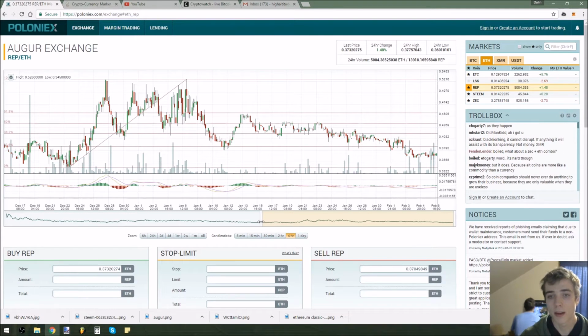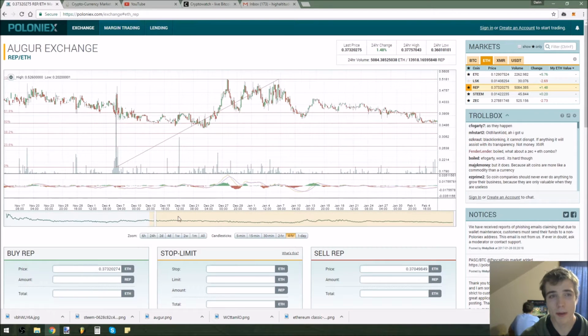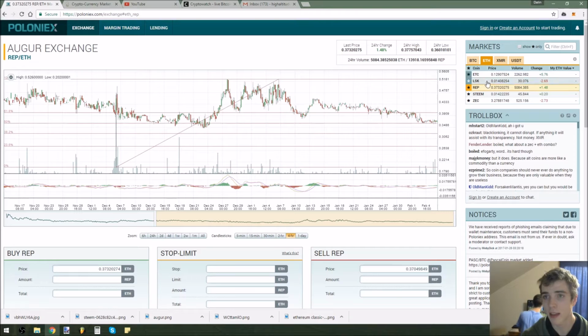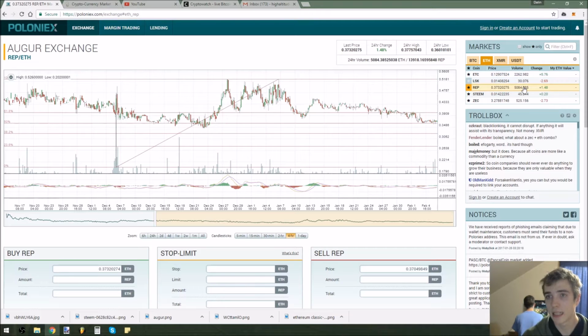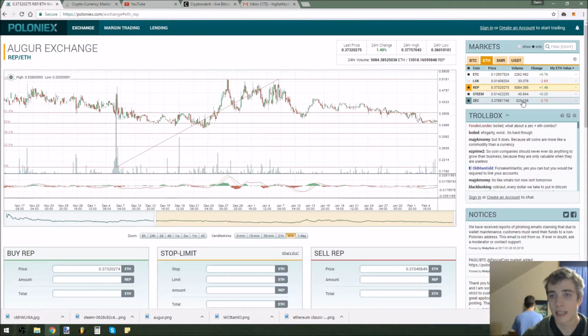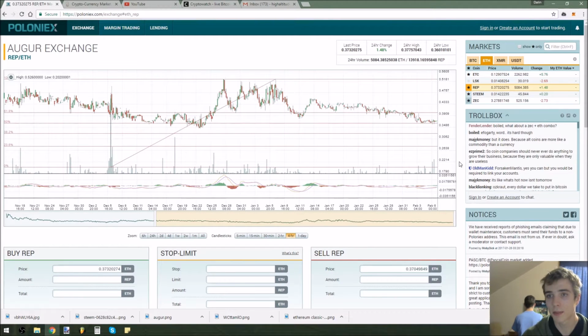So let me point out some things. You can see how there are different markets here inside of the ETH markets, and that means that Ethereum is being spent on ETC, Lisk, Rep, Steem, and Zcash or Augur. So you have multiple different places where Ethereum is going.